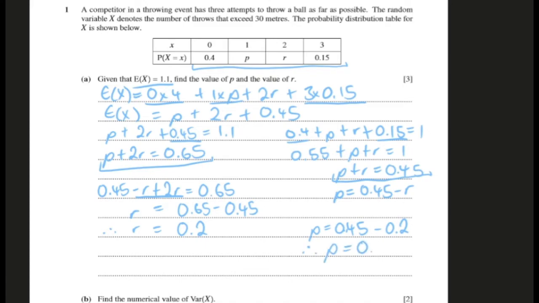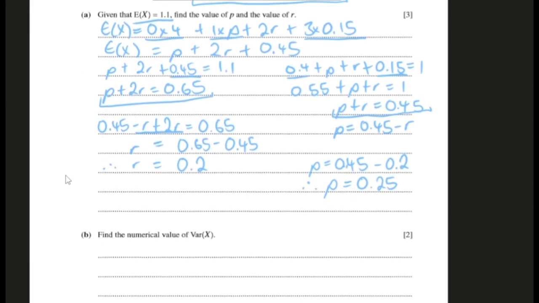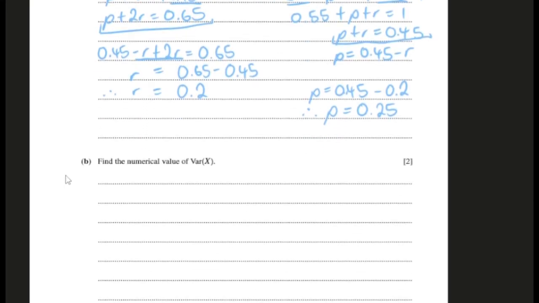Okay, let's move on to part B. Find the numerical value of Var of x. So the formula for Var of x is the summation of x squared p minus the expectation of x squared. So let's find the summation of x squared p using our table.